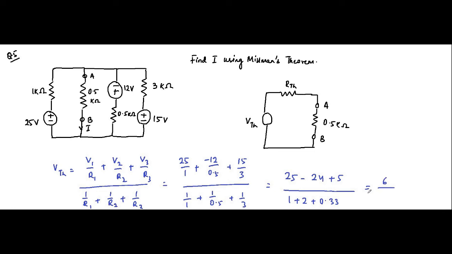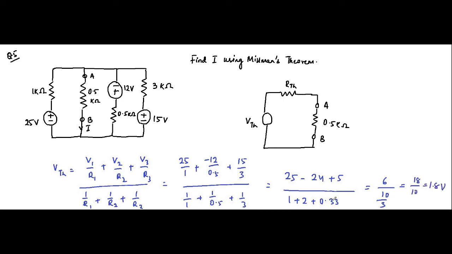To avoid confusion, we write it as 10 by 3. So it will be 18 by 10, which is 1.8 volt.